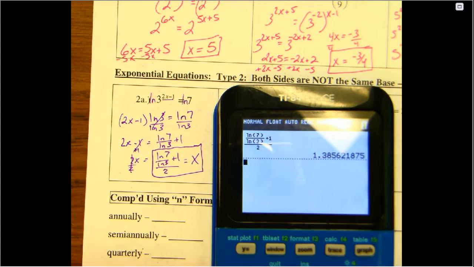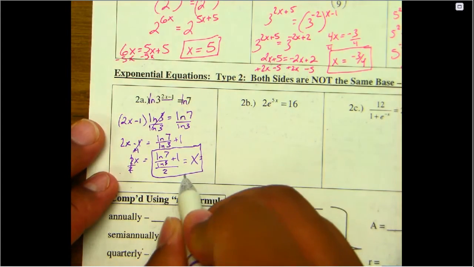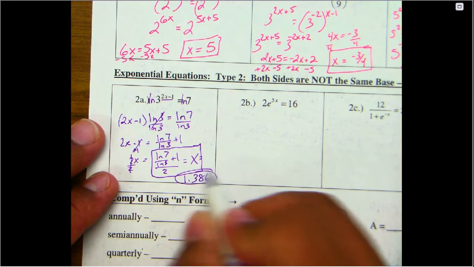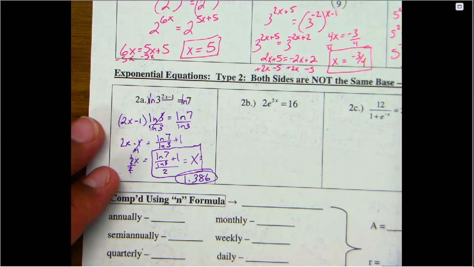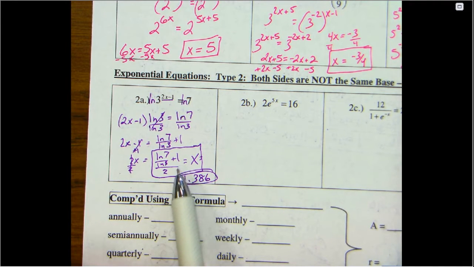Okay, and there's your x value, 1.386. Either answer I'm okay with. If you leave the answer like this, I'm okay with that. If you find the decimal answer, I'm okay with that. I'm more concerned that you actually know how to solve it. Any questions about that?